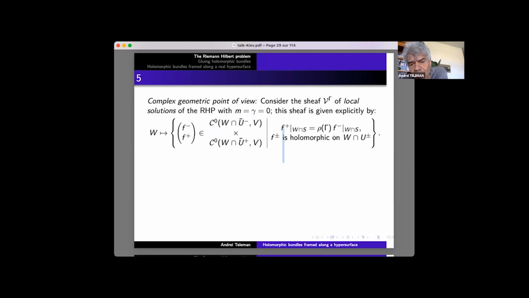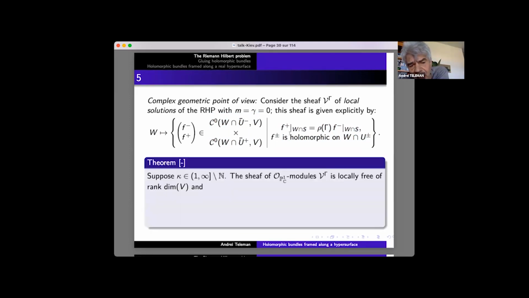I require holomorphy on the intersections of W with the interiors, and on the intersection with S, I require, as usual, gamma compatibility. So this can be done for every open set in P1, in the Riemann sphere.